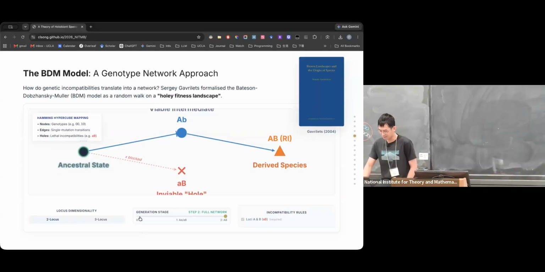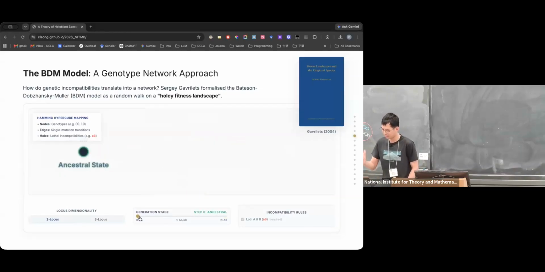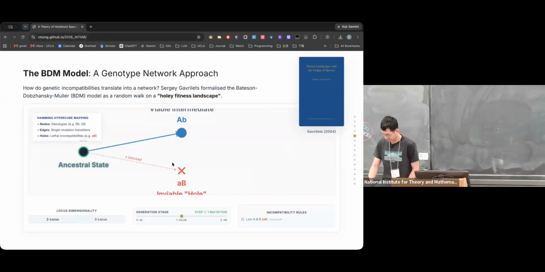What he did is essentially start from some ancestral state. For simplicity, let's just consider a haploid, little a and little b. With just one mutation, little a, big B turns out to be an inviable hole in this fitness landscape.